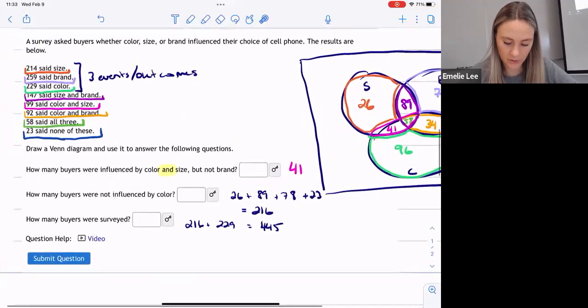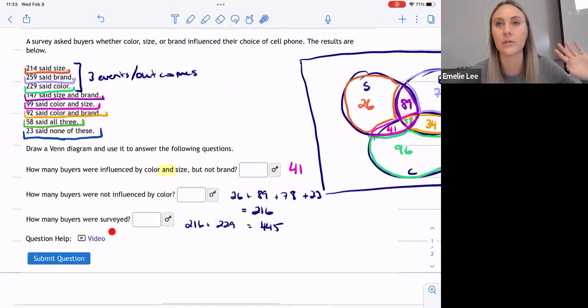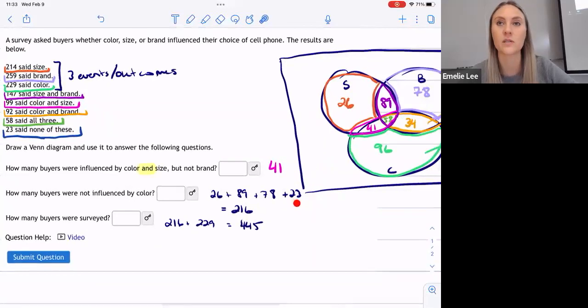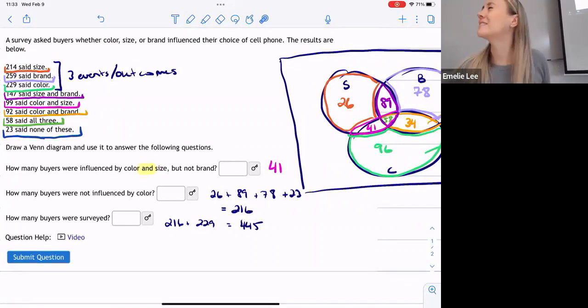It should include the 23 because it's the total number of people surveyed. And I had the 23 here in the 216. I just started at 216. I see. I'm like, did I forget something?